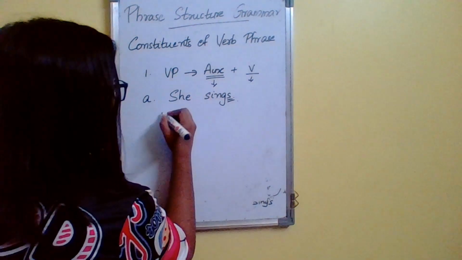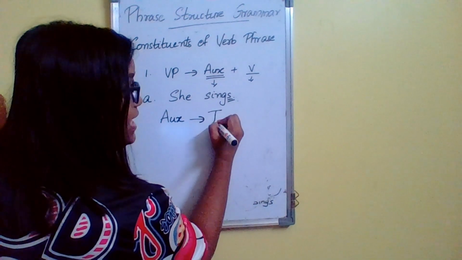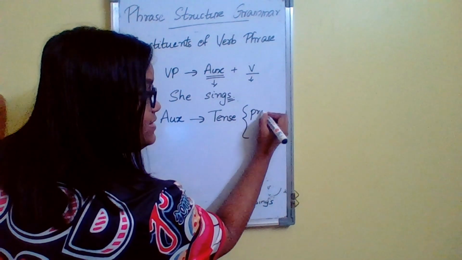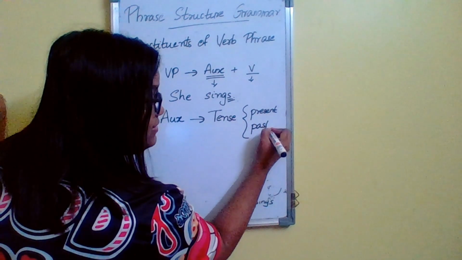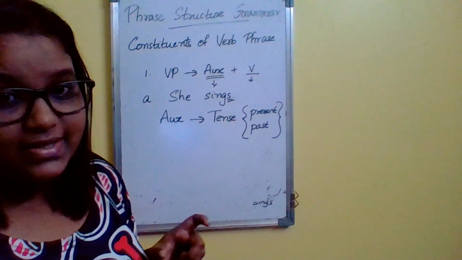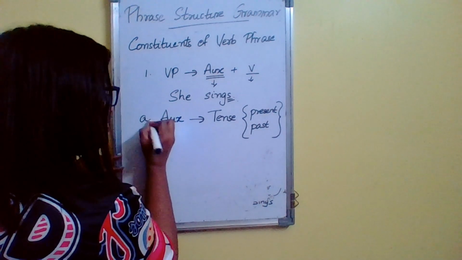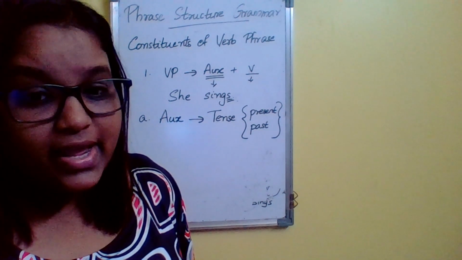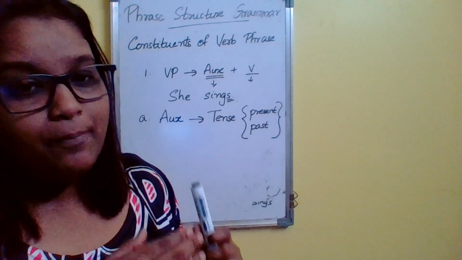So auxiliary can be tense, either present tense or past tense. So this is our first equation. This is only an example. So this is the first possibility of what can constitute auxiliary. Auxiliary can be tense, either present tense or past tense.